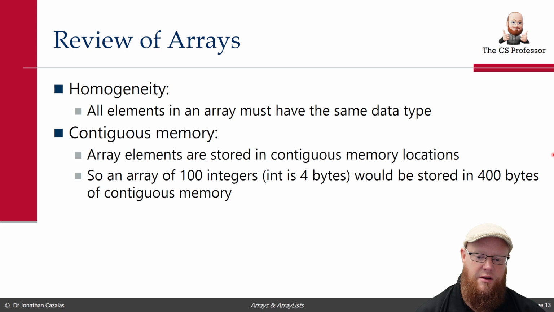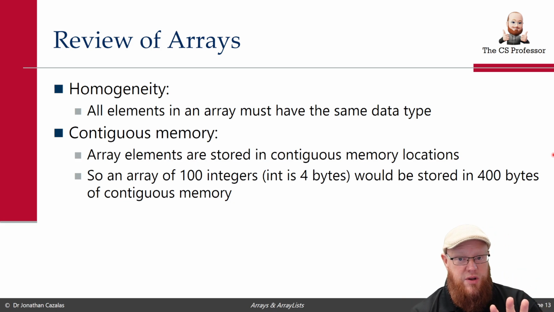100 integers here is going to be stored within 400 bytes of memory, because every int value, if you recall, is 4 bytes. So if I say, yo, Java, give me an array of size 100 primitive int values, Java will say, okay, you want a primitive int array where every int is 4 bytes, and you want it of size 100?